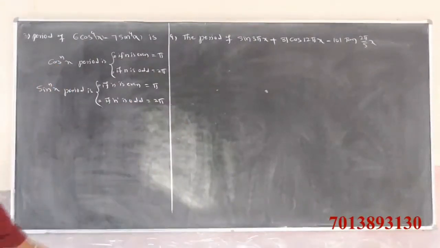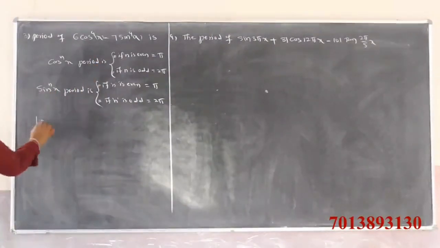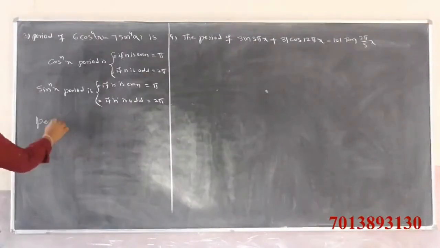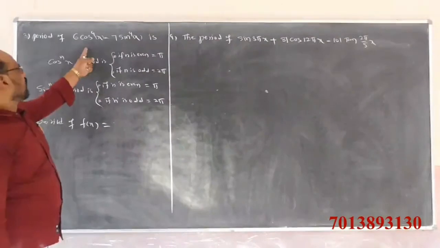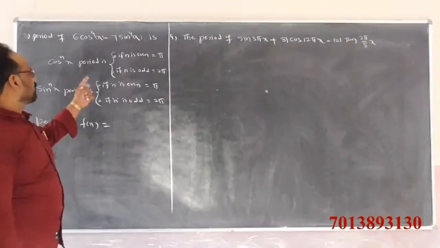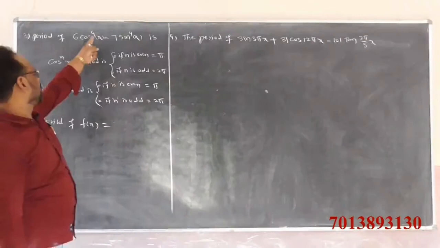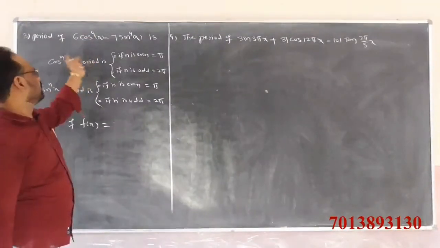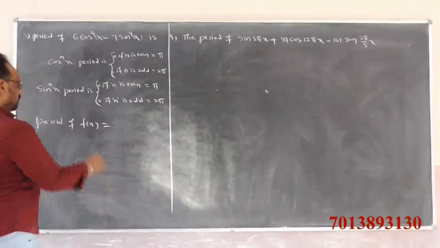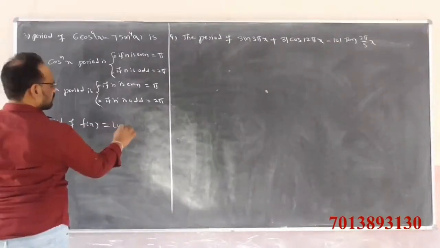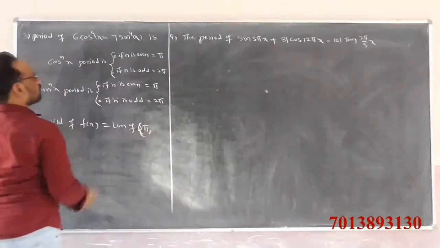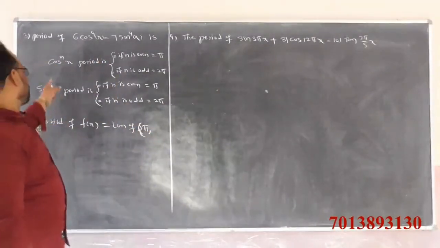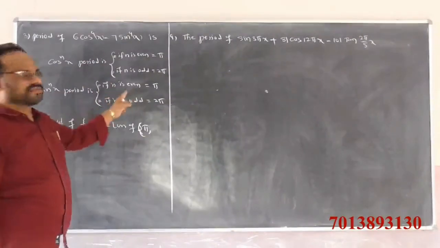So for 6 times cos power 4x, the period of cos power nx, where n is 4, which is even, is pi. So the period of f of x is equal to LCM of pi comma, and for sin power 4x, n is even, so the period is pi.